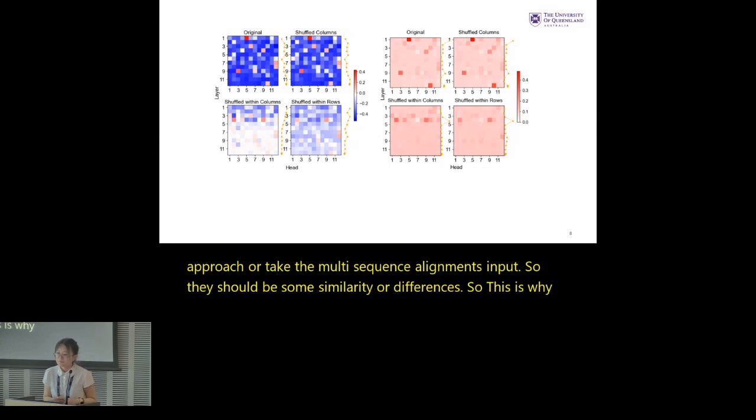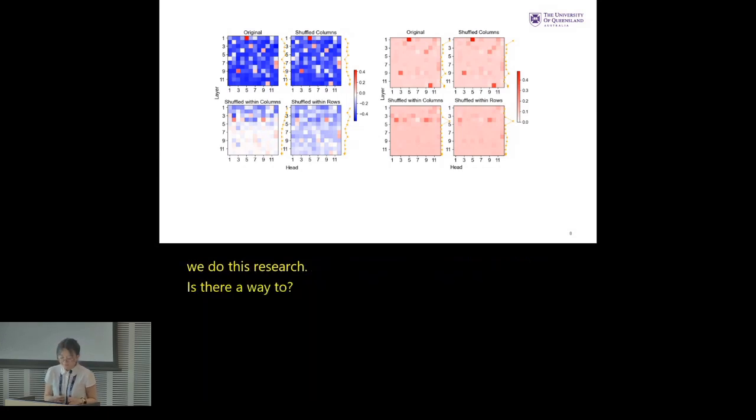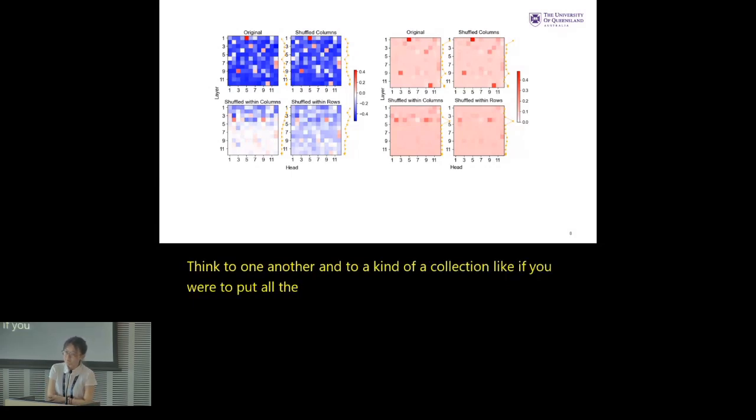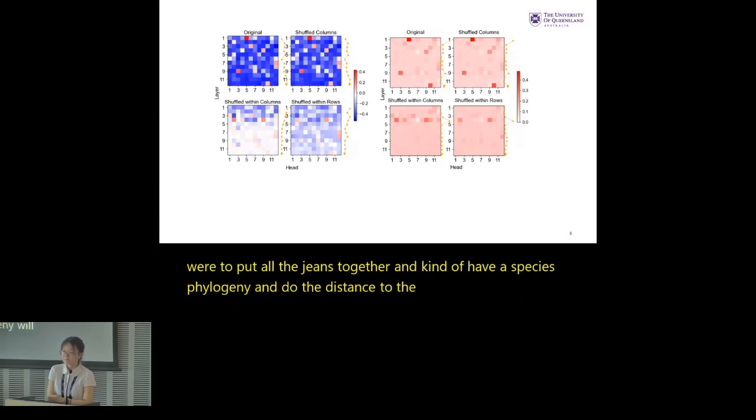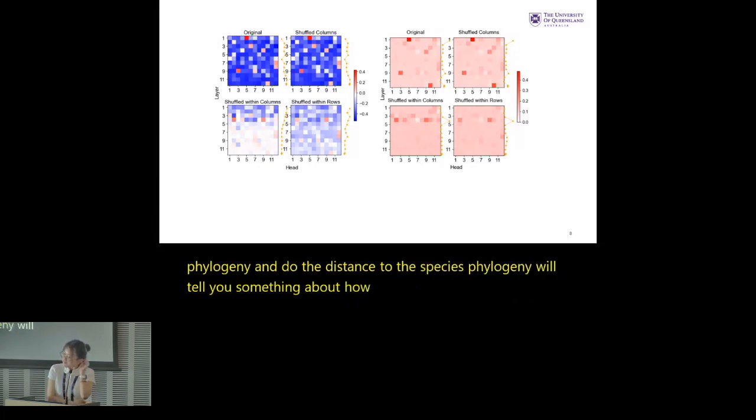Is there a way to compare this gene by gene transformer approach to a collection? If you were to put all the genes together and have a species phylogeny, the distance to the species phylogeny would tell you something about how good the gene by gene transformer is. Quite a good question.